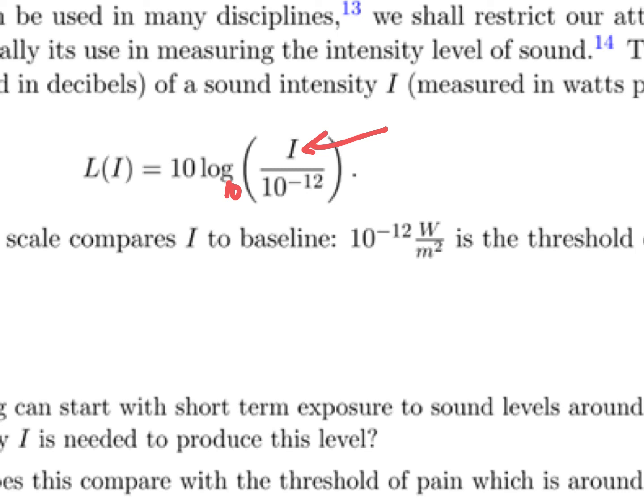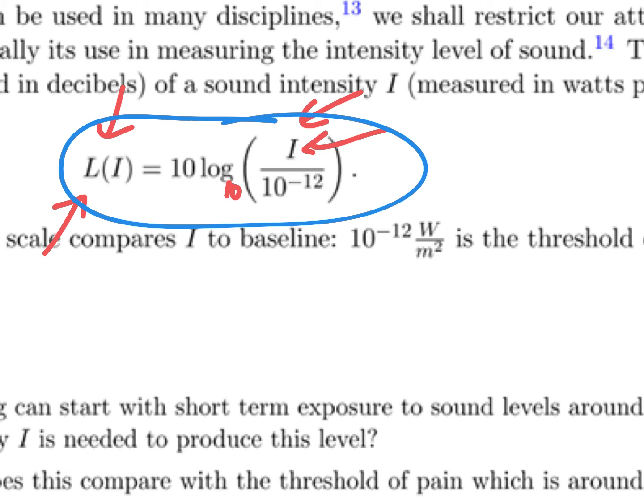They give you like 10 to the power of whatever. Or if I want, I can say, I want my decibels to be this, and then I can figure out and solve for the I. So don't be scared of the word problems. You basically just have an equation you're given, and then you stick a number in either here or here.